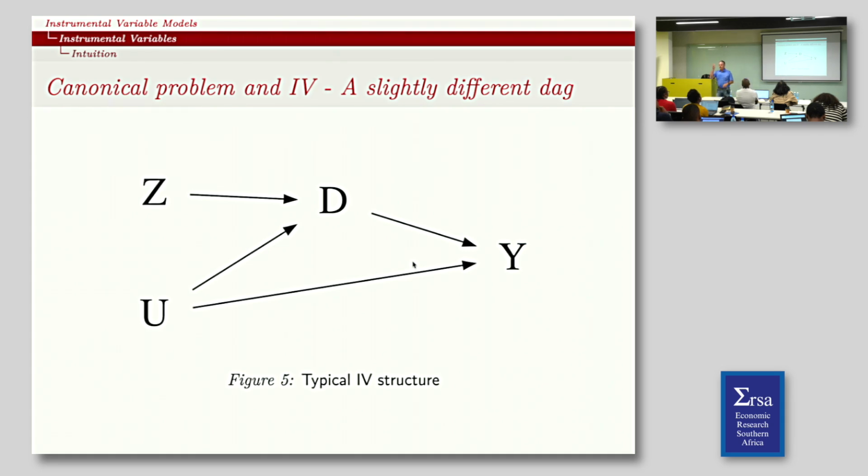Okay? Now, I don't know which slide it is, so let me answer you now. Notice where the arrow doesn't go. Doesn't go to Y. Okay? Z is assumed not to affect Y directly. That's part of what makes it hard to find, yes. Okay? But it can't.